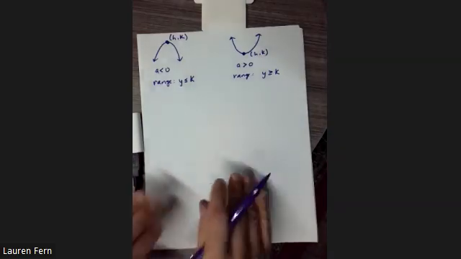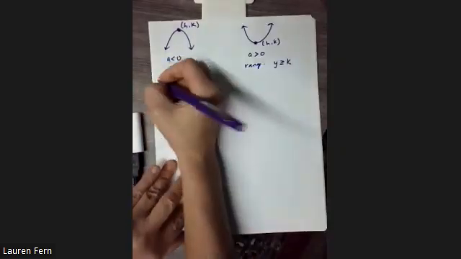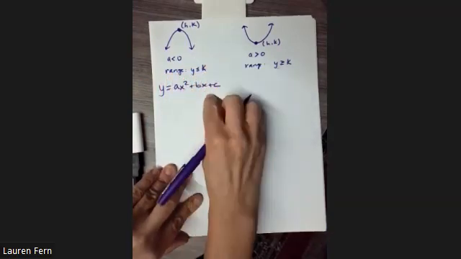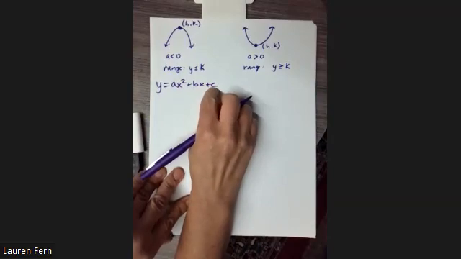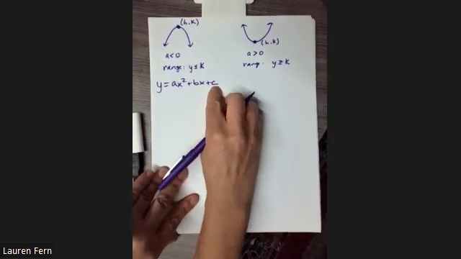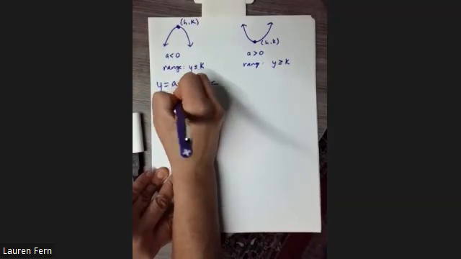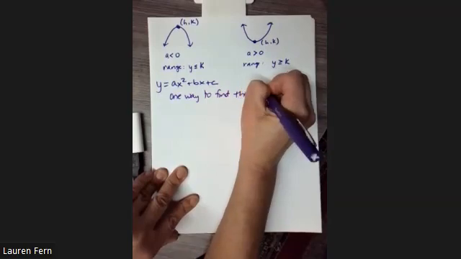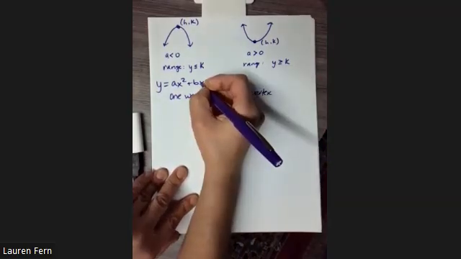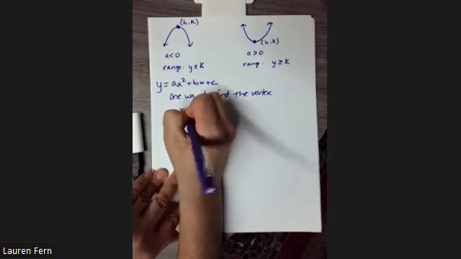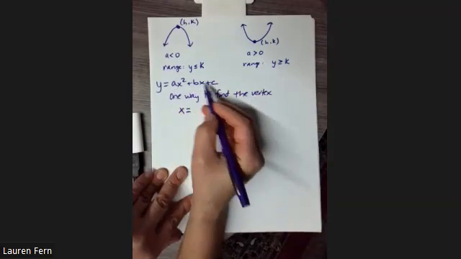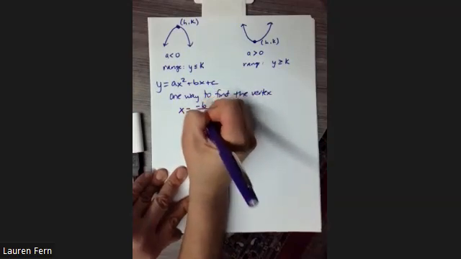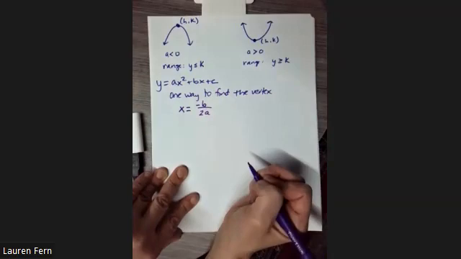Now, if you're given the general form, again, I mentioned that the positive thing is that you can just read off what your vertical intercept is. One way to find the vertex when it's in this form is as follows. Your x value for your vertex, notice a, b, c are just numbers, is x equals negative b over 2a.